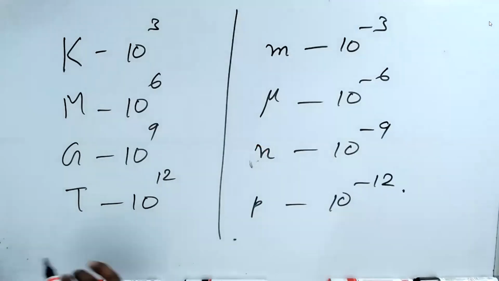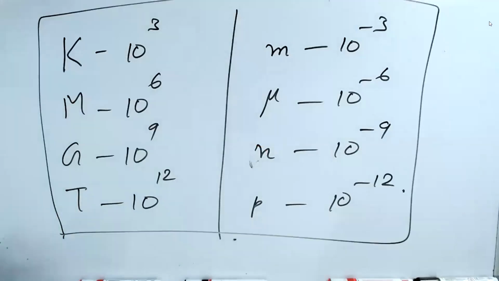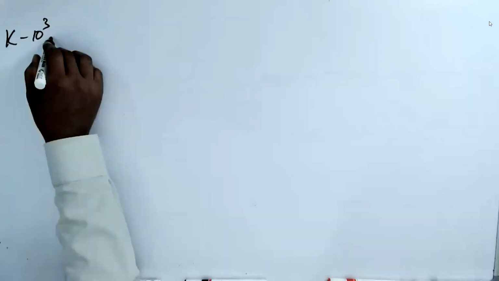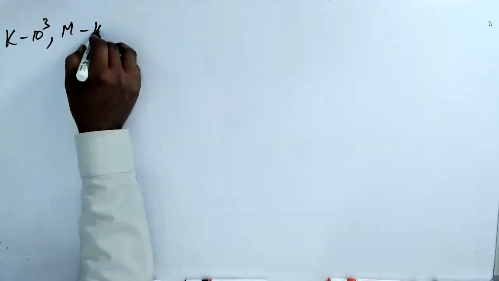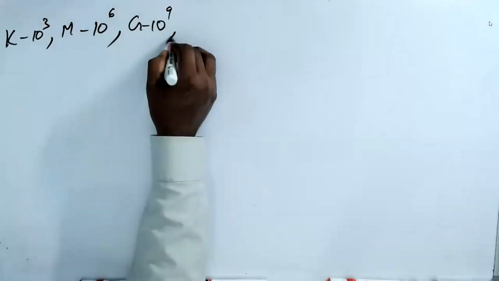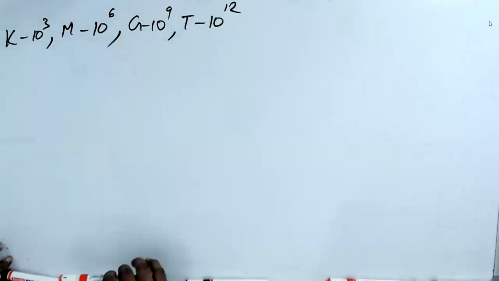Now you have to remember this. If you want, I'll write it here at the top, because we'll be using it in calculations. Kilo means 10 power 3. Mega means 10 power 6. Giga means 10 power 9. Tera means 10 power 12.